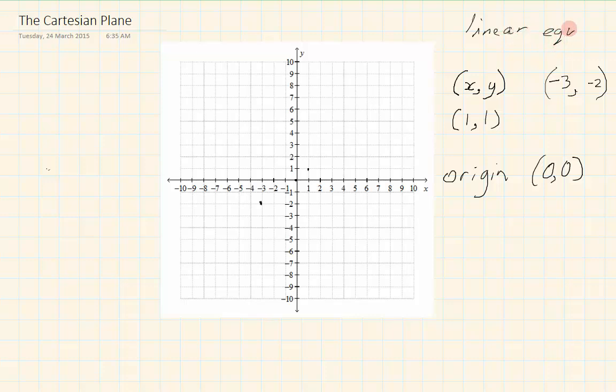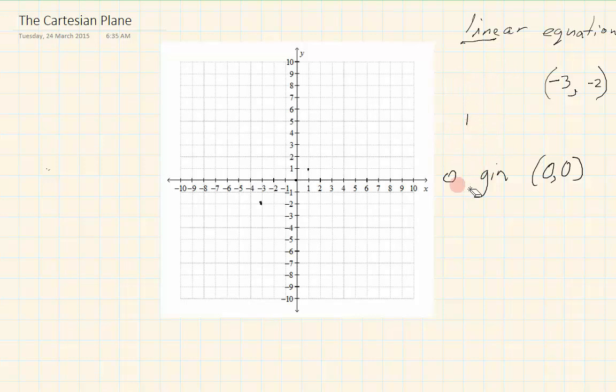Now, when you look at the name of this, it gives away what it does. So linear has got line in it, okay? So linear equations are all about drawing straight lines on our Cartesian plane. So let's just have a look at some examples of those.